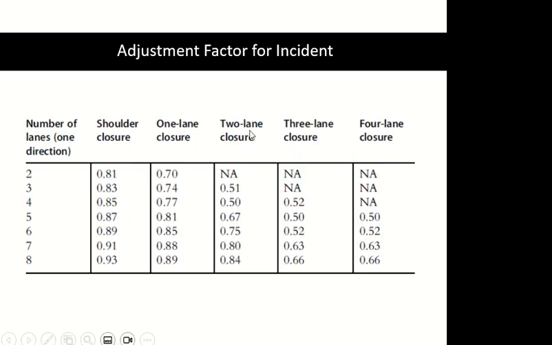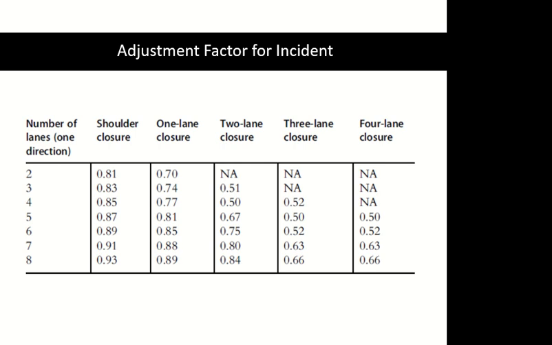Then another condition could be an incident. The highway is facing an incident resulting in a lane closure, so one lane is closed, or maybe more than one. This table gives you the capacity adjustment factor for lane closure.